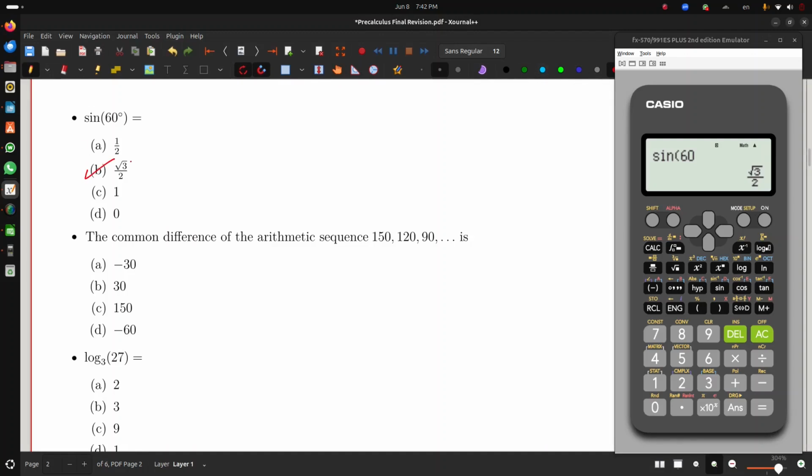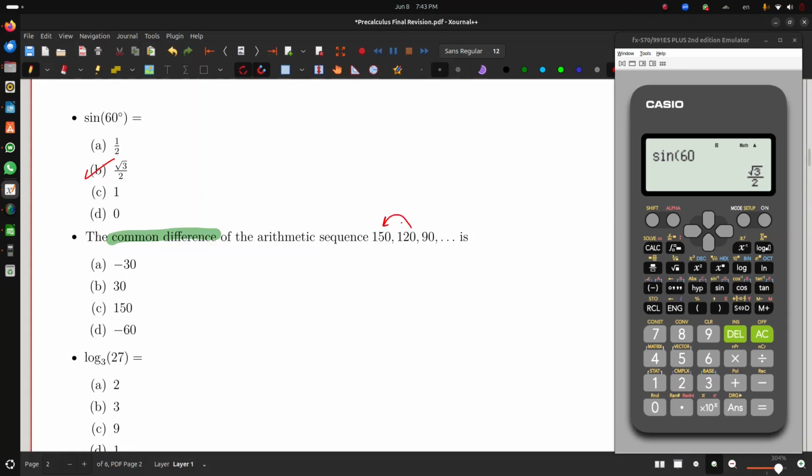Okay. The next one, we need the common difference of the arithmetic sequence 150, 120, and so on. This one is pretty easy. It's a decreasing sequence, so the answer will be a negative number because it's decreasing.